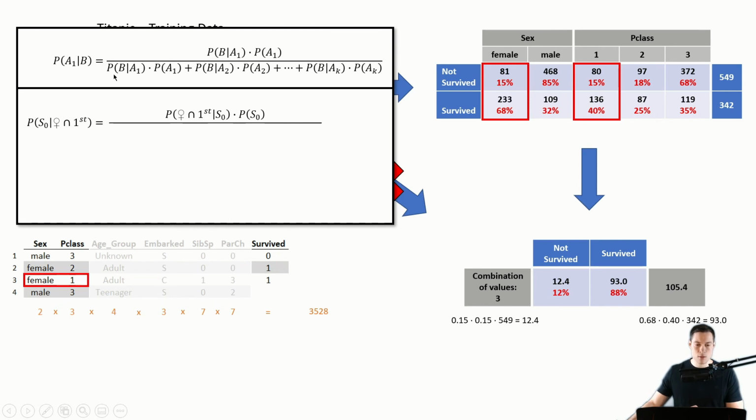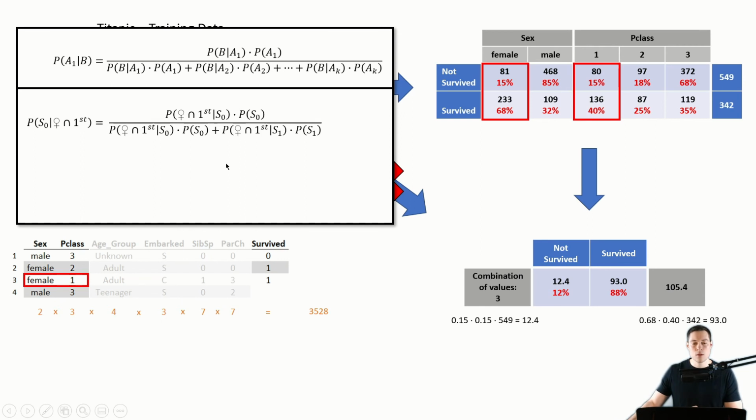Then for the denominator, the first expression is the same, so we can just copy that. And for the remaining expressions in the denominator, we need to consider the other class. So this is then simply where the passenger did survive. So this is what the formula looks like.